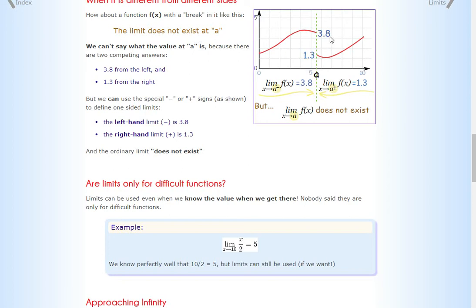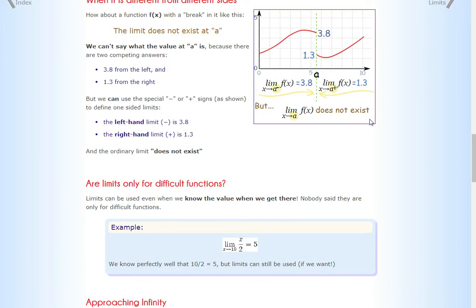If you look at this first part of the graph, coming from the left, you can see that it's approaching 3.8. But on the right side, it's approaching what value? 1.3. Because they're approaching two different values, we would say that limit does not exist.